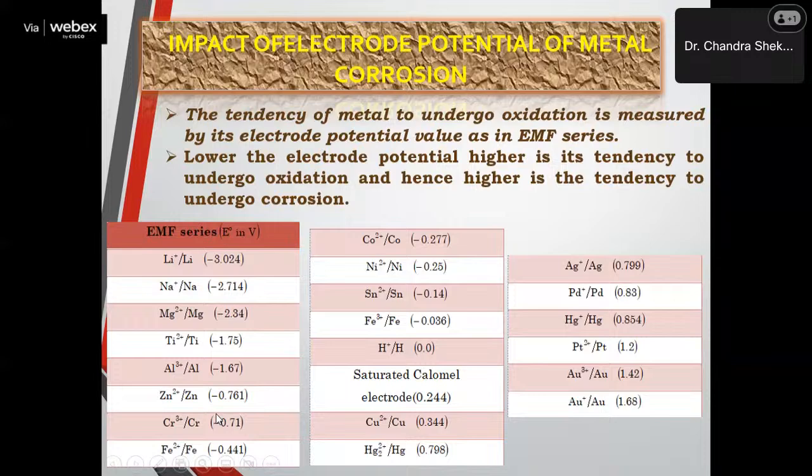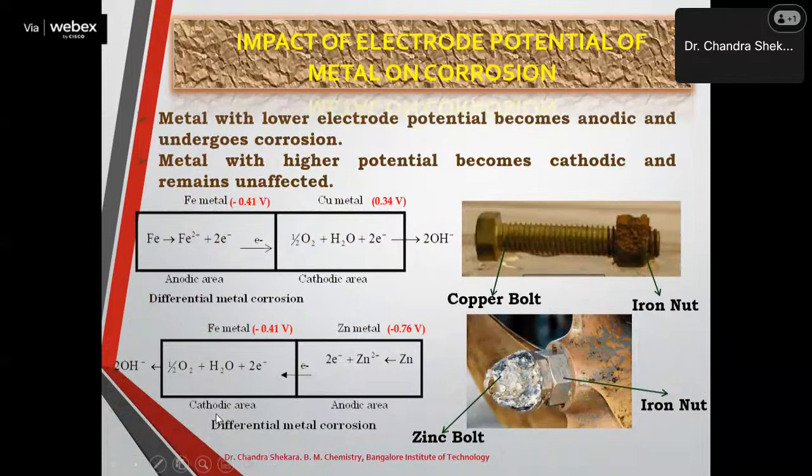In stainless steel, the tendency of corrosion is very, very less. Aluminum we use for decoration on the outside of buildings, as anodized aluminum, and there it never undergoes any corrosion. That is because of the nature of the oxide layer formed over the surface of these passive metals. This is the relation between the electrode potential of the metal and the rate of corrosion.